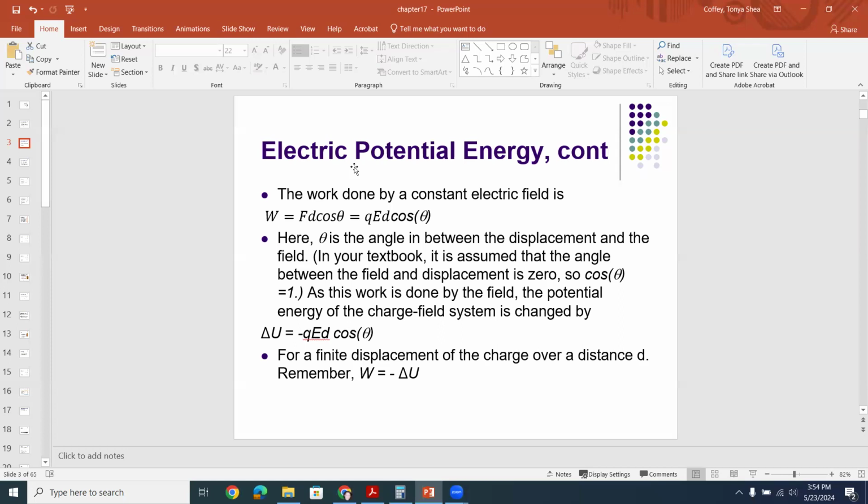So now that we have the equation for the work done by the electric field, we can also write the equation for the change in the potential energy that that particle experiences when it moves through the field. And that would be delta U is equal to minus QED cosine of theta, okay? Yet again, delta U is the change in the potential energy, Q is the charge, E is the electric field, D is the magnitude of the displacement, and cosine of theta is the angle in between the displacement and the field.